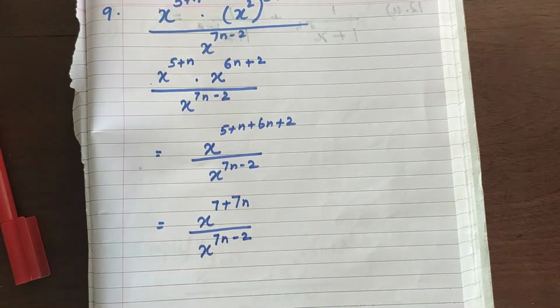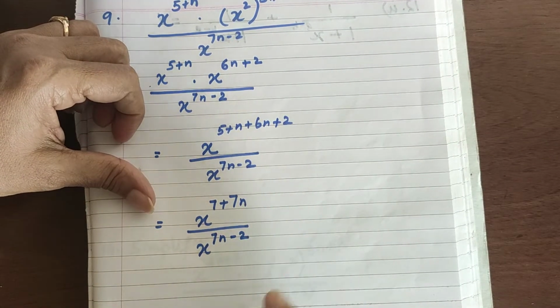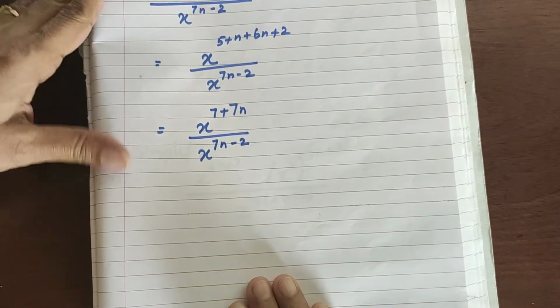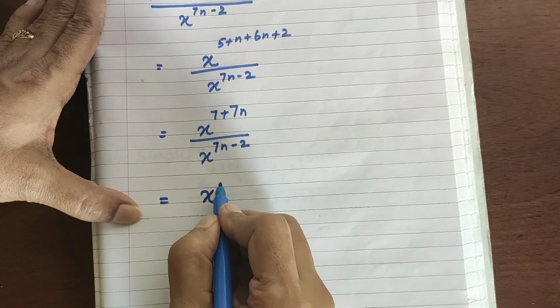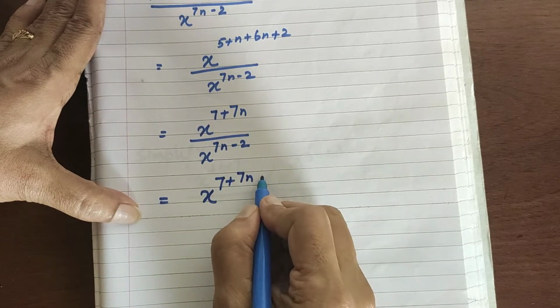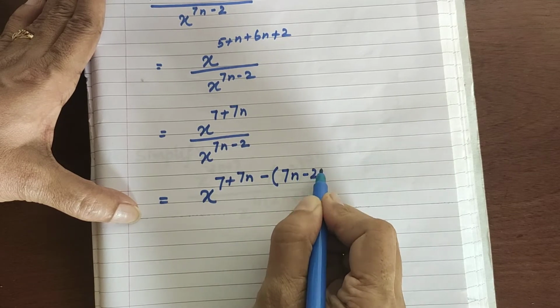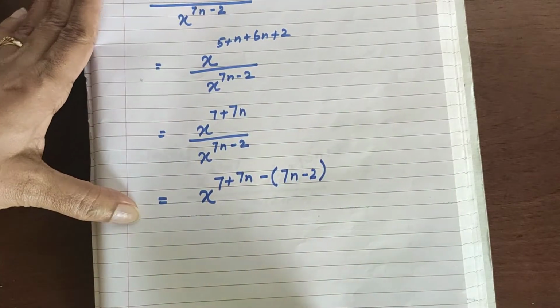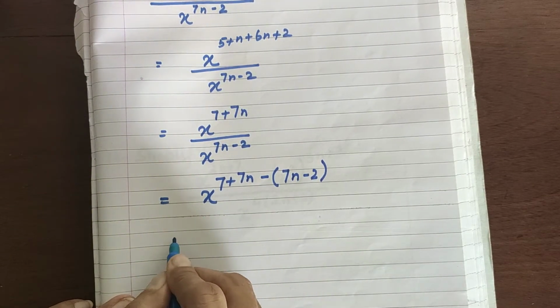Now this is division, so we can divide, and I will take all this exponent as the numerator. So I will write first this 7 plus 7n. Now when the entire thing goes, we know that we subtract in division, so you put a subtraction sign and write the entire thing in bracket to avoid any confusion and mistake in the change of sign.